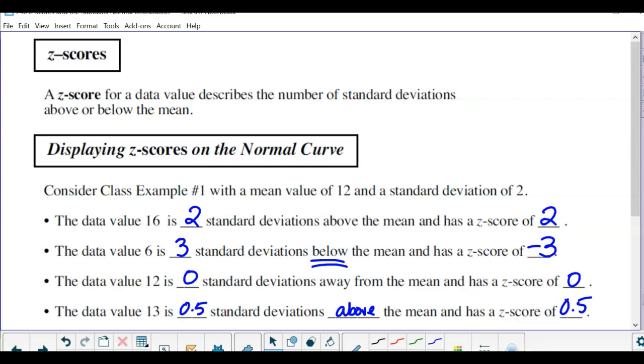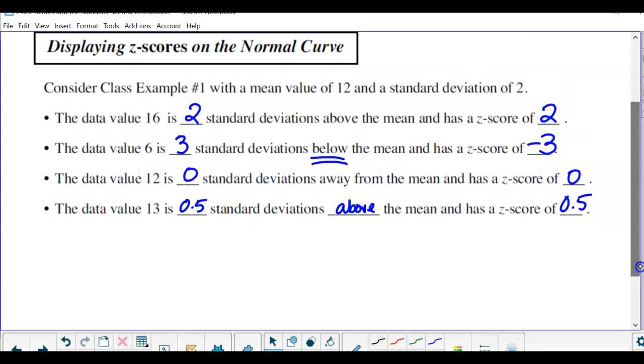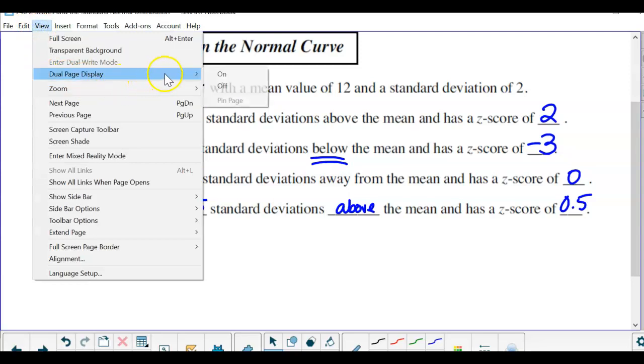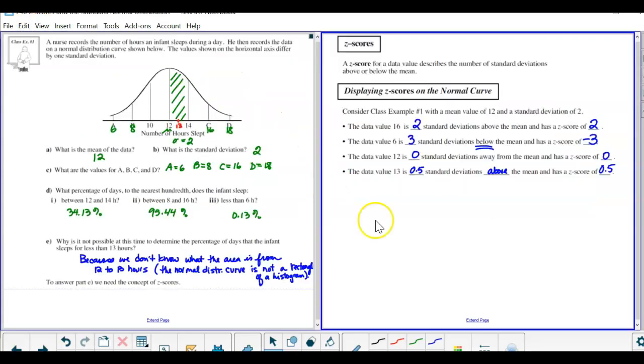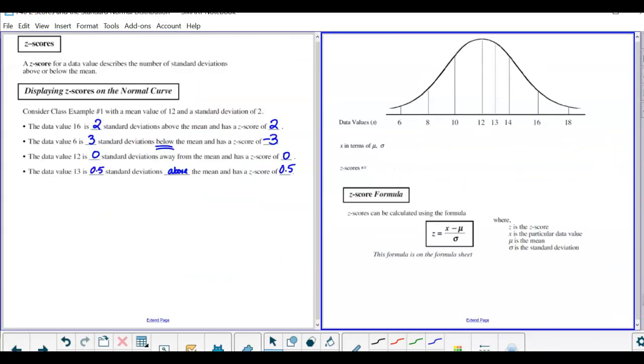Okay, so now let's label these here. So in terms of mean and sigma, well actually, I'm going to go back, it's so tiny.